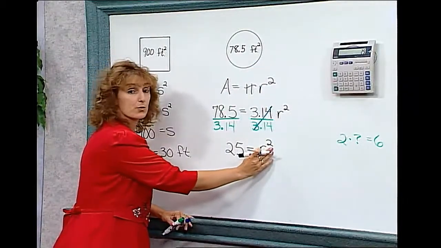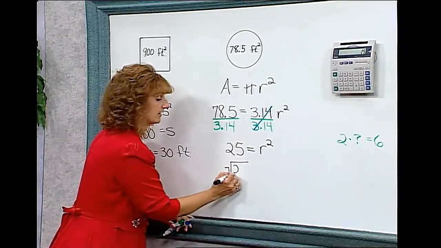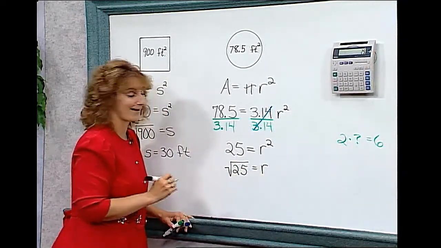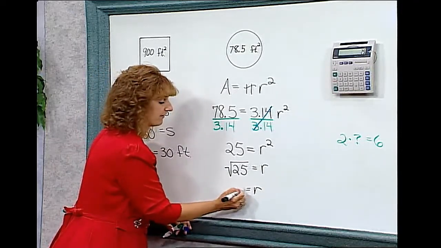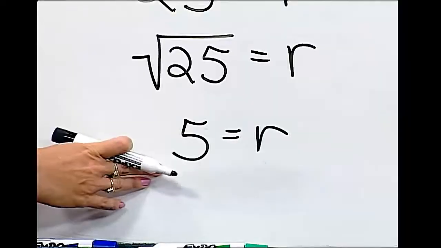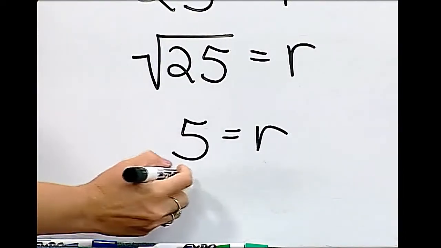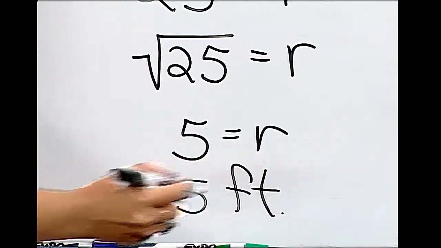The opposite of squaring is square rooting. So I'm going to take the square root of 25, which I have memorized, so I'm not going to use the calculator. And the square root of 25 is 5. Since our area was in square feet, we can write 5 feet for our radius.